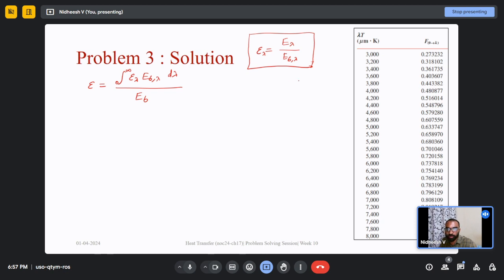This is just an expression for emissivity equal to E by EB, with E expanded in this form, emissivity times emissive power of black body. Is that clear?